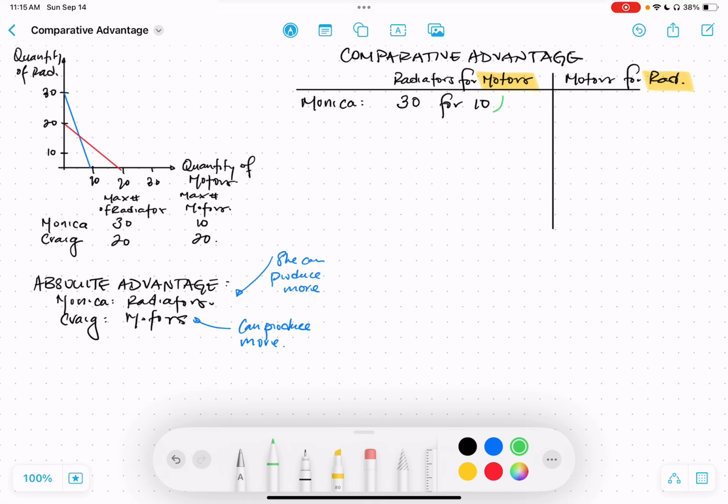So what we're going to do is divide by 10 so we can see what her cost is for just one motor. So divide by 10, we get 3 for 1. So we'd say that Monica has an opportunity cost of 3.